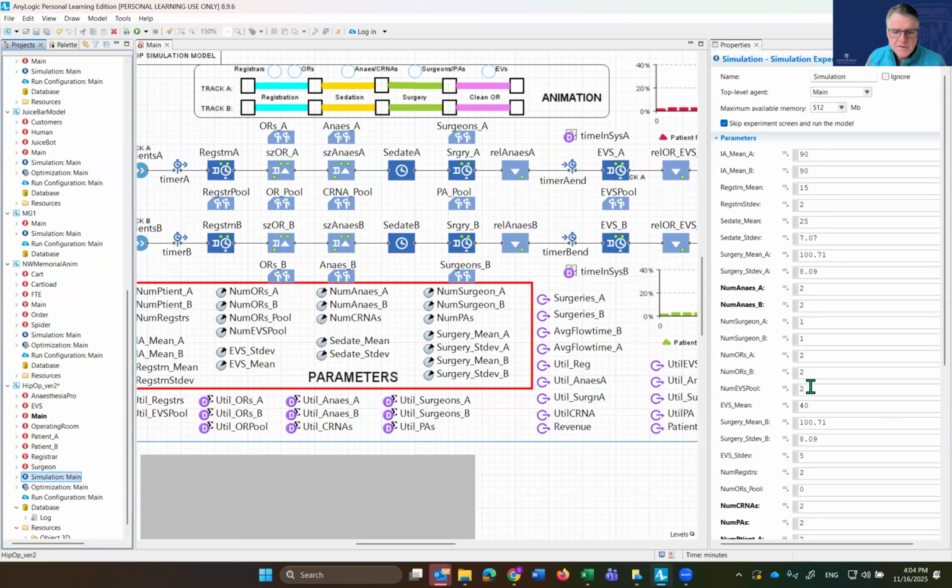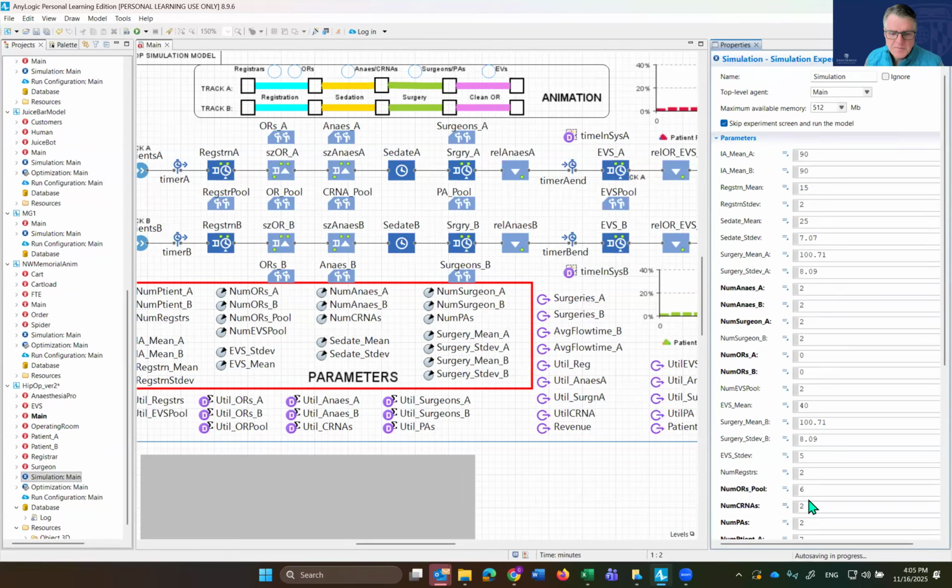So let's add an extra. Actually, I'm going to add two ORs to the OR pool. We're going to leave those dedicated. Actually, we could just put them all in the pool. How's that? Ultimate flexibility here. Put all six ORs in the OR pool. And I did say I want dedicated surgeons. So now I have these three ORs.